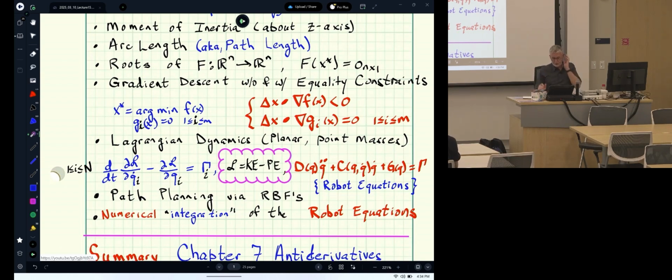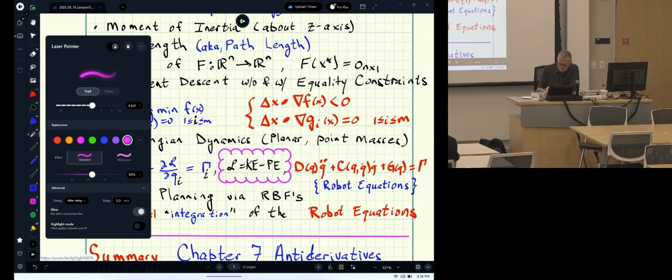Then the kinetic energy is 1/2 m norm of the velocity squared. So it's the x component squared plus the y component squared of the velocity. And from that, from something that's relatively easy to compute, then it's just a bunch of derivatives to get the full differential equations.